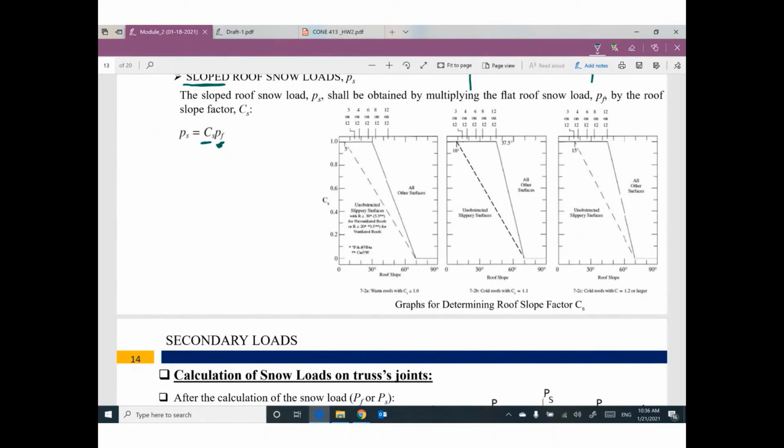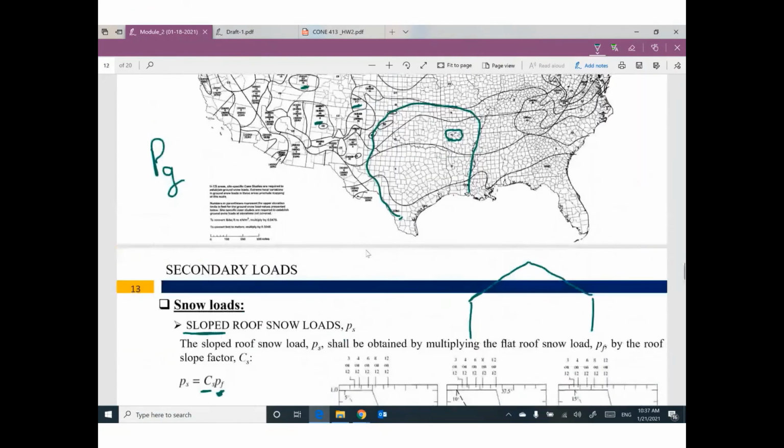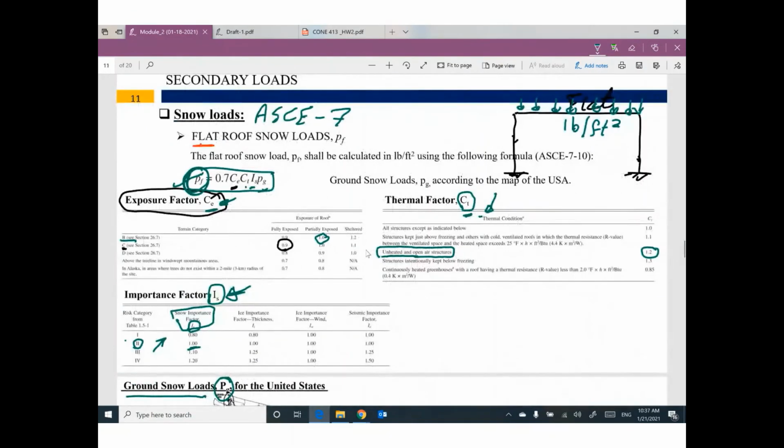This factor can be found from this chart, this chart, or this chart, based on the value of CT.